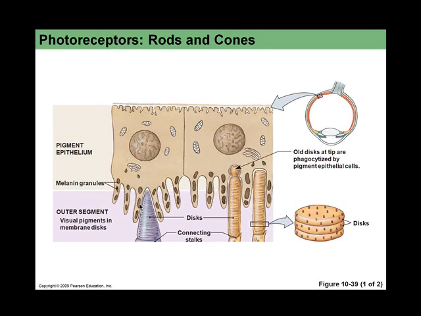So what we notice is that there's a very specialized relationship between the pigmented epithelial layer and the outer segments of the photoreceptor cells, the cones, obviously kind of conical shaped, and the rods, more cylindrical shaped, looking like a rod. But within each of these are discs, and the visual pigments will be in the membranes of those discs.